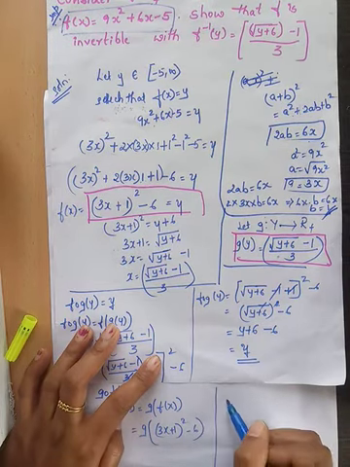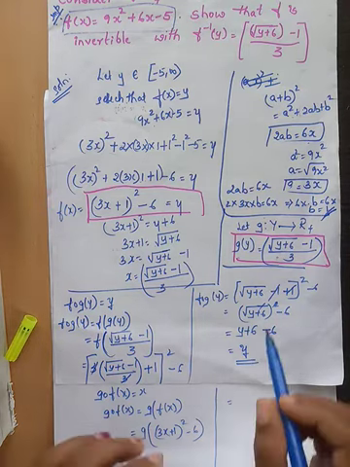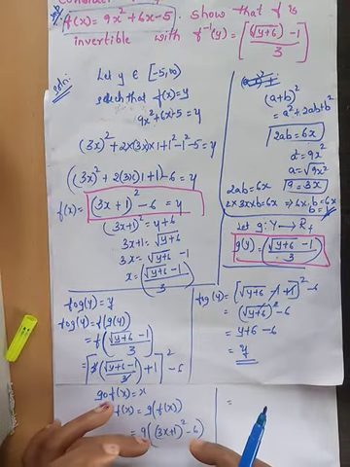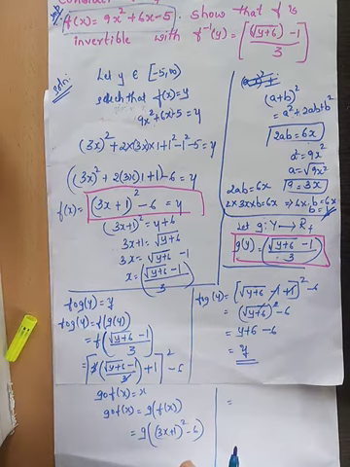But we know that g of y is equal to (square root of y plus 6 minus 1) divided by 3. So in place of y I now have this big term. Wherever I find y, I have to replace it by 3x plus 1 whole square minus 6.